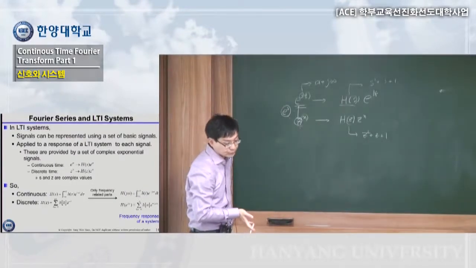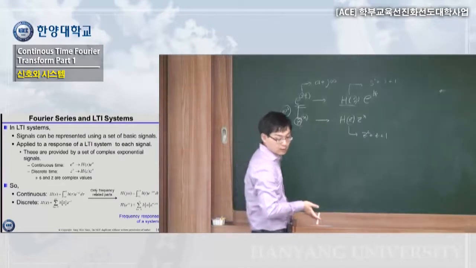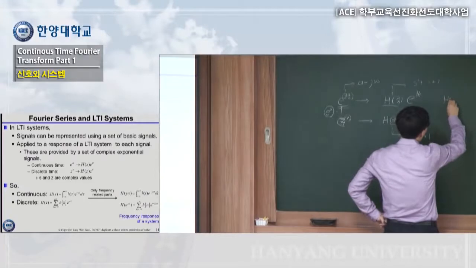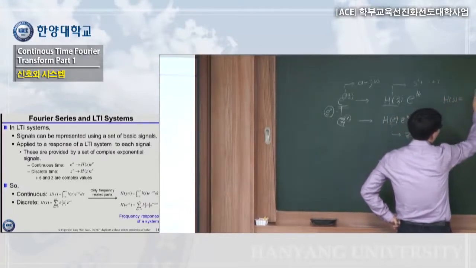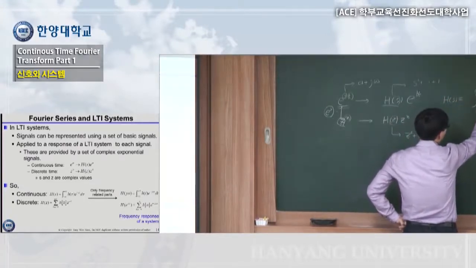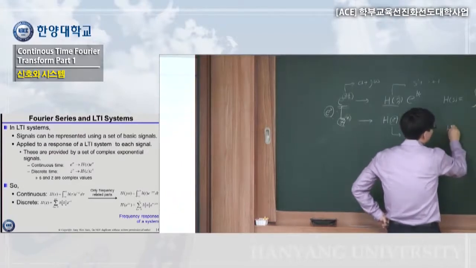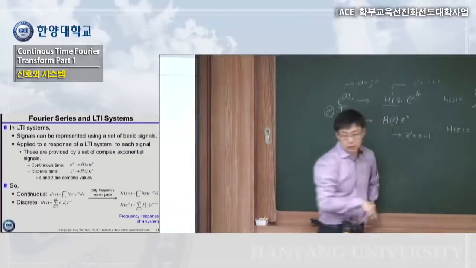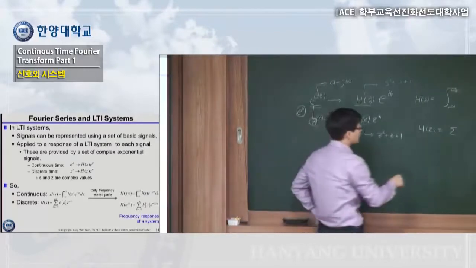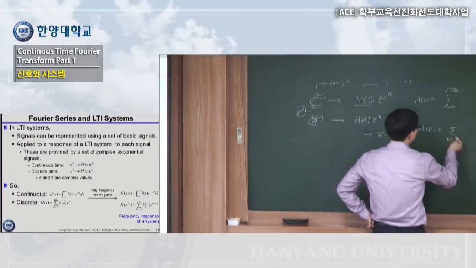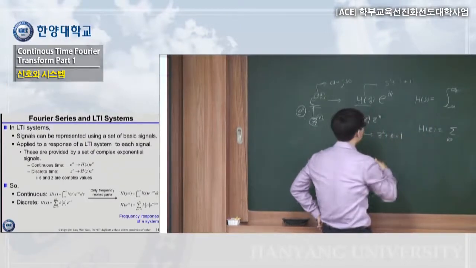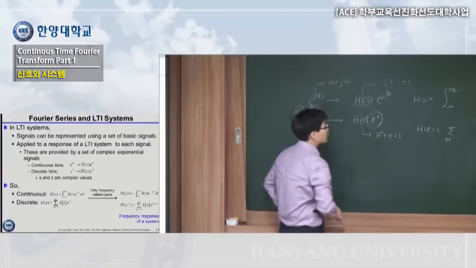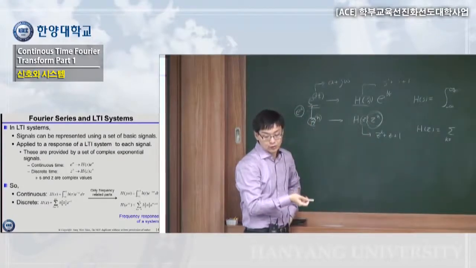So we have learned that in continuous time, we have the integral from minus infinity to infinity. In discrete time, this integration changes to summation, but we should do the convolution, meaning that if you have an input of this, then the output will be given as a convolution of it.